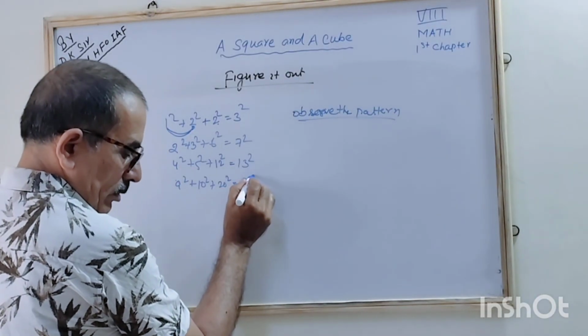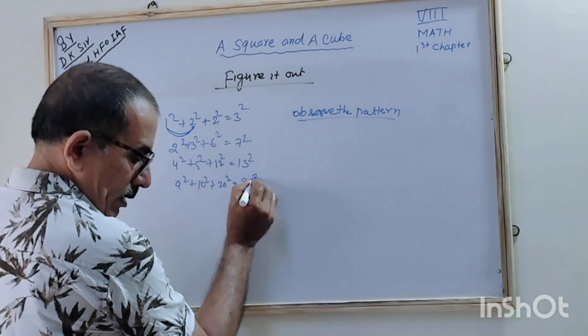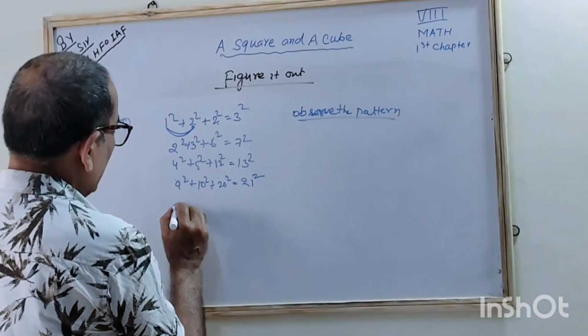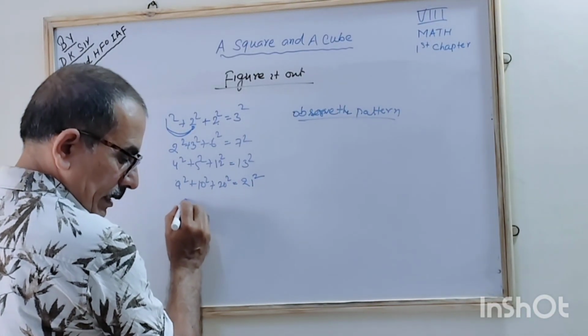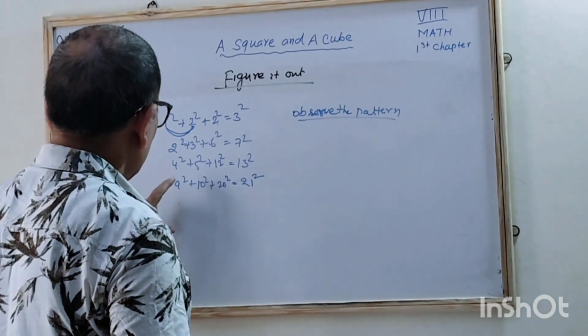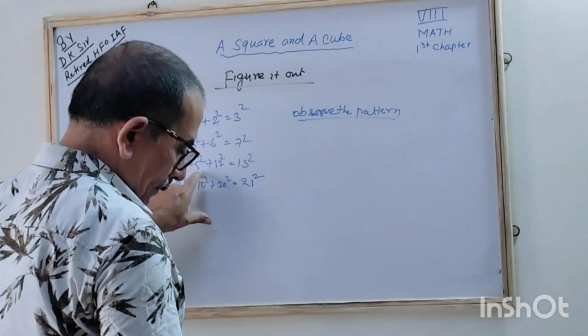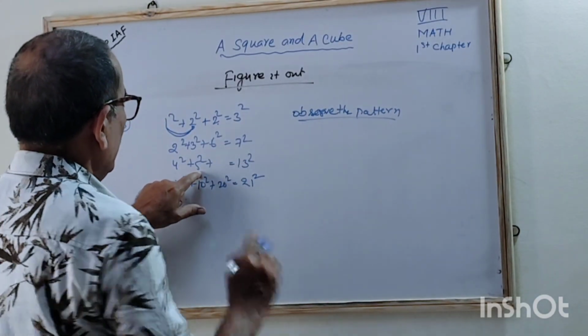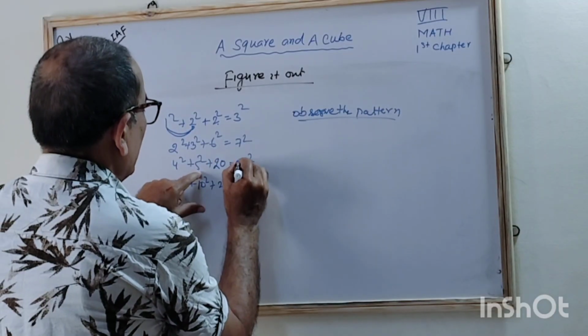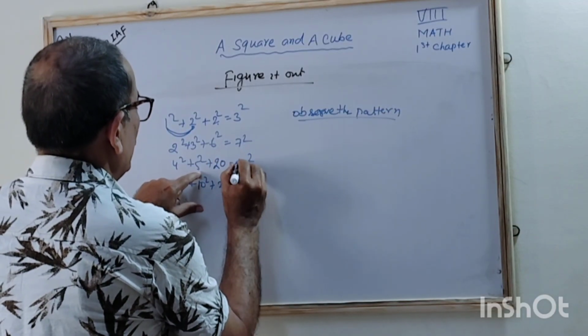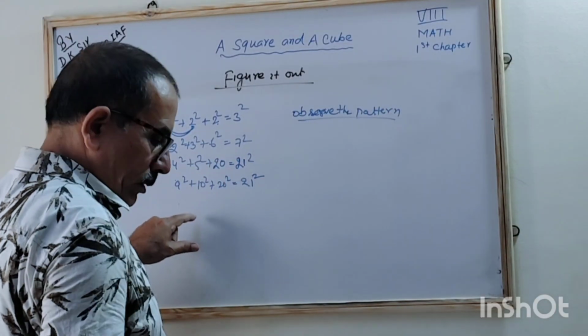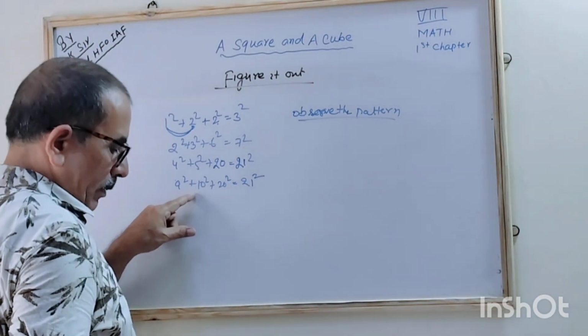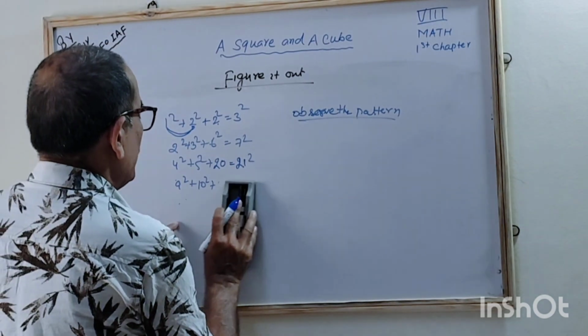Then 5 square plus 9 square plus... just a minute, 4 square plus 5 square plus 20 square equals 21 square. The next question is 9 square plus 10 square plus 90 square.